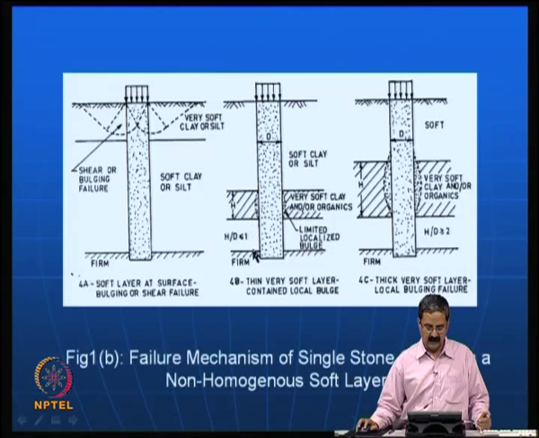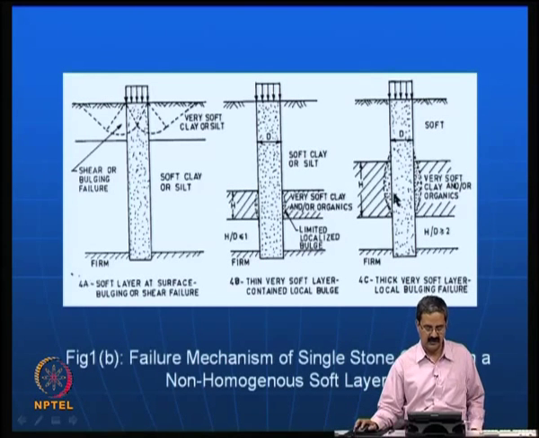So, if d is the diameter and h is the height, there are some possibilities like this which can occur. Here h is the thickness of the clay layer. For example, if h by t is less than or equal to 1, the bulging is here, then it could be a little larger also, of course.